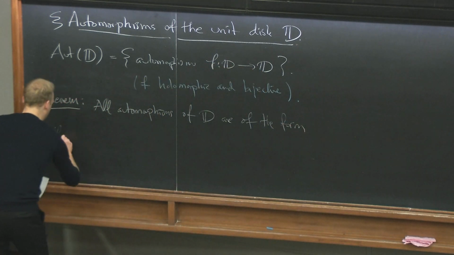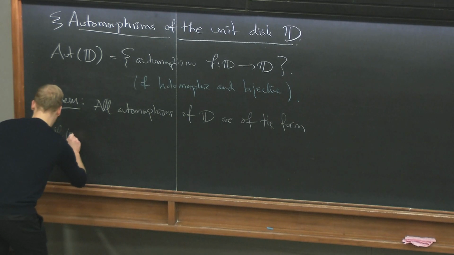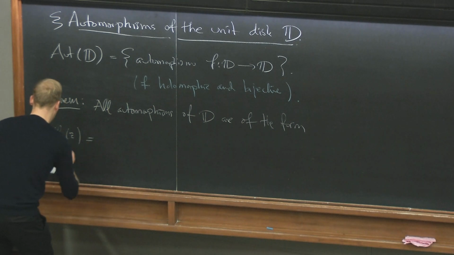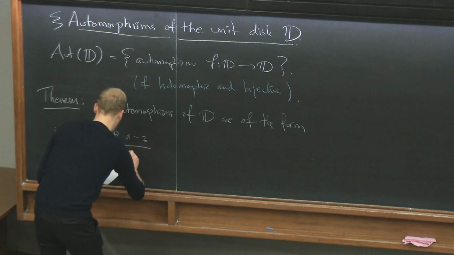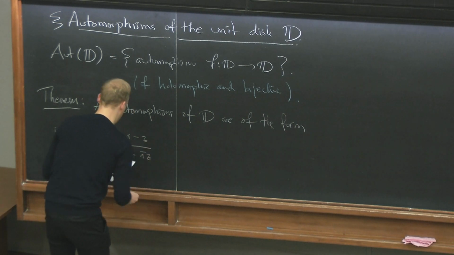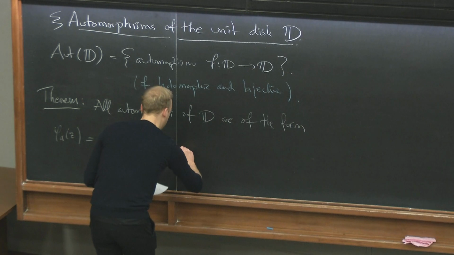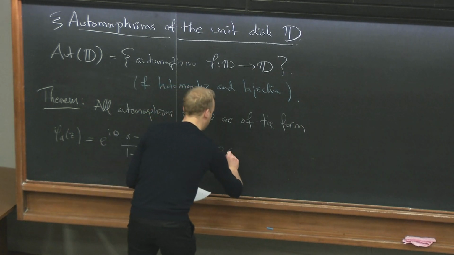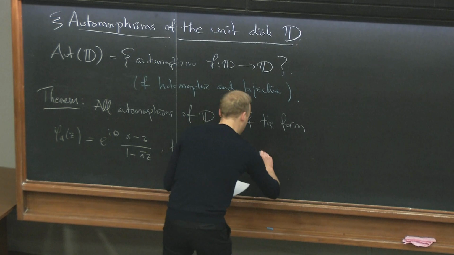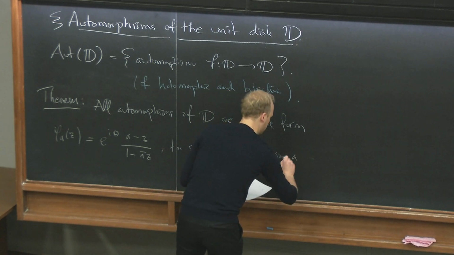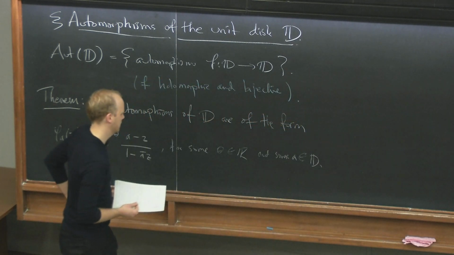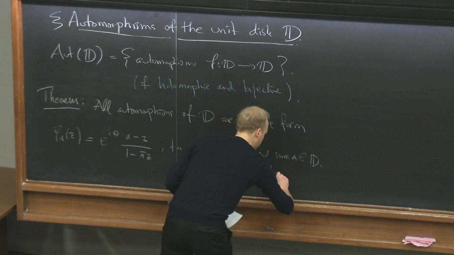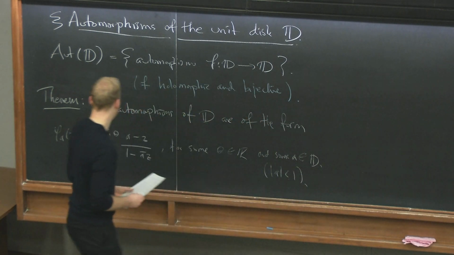They are of the form phi A of z, which is written like this, for some real number theta and some complex number A of absolute value less than 1, so inside the unit disk.